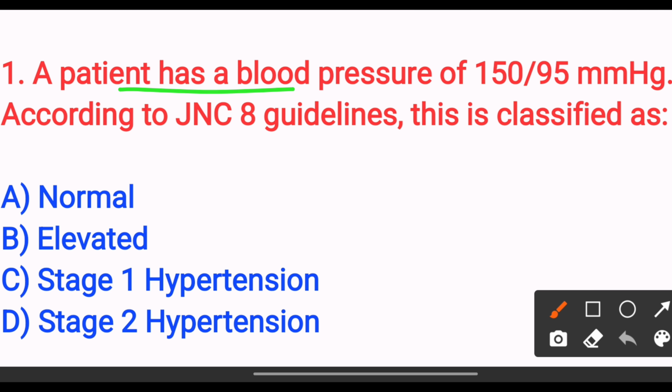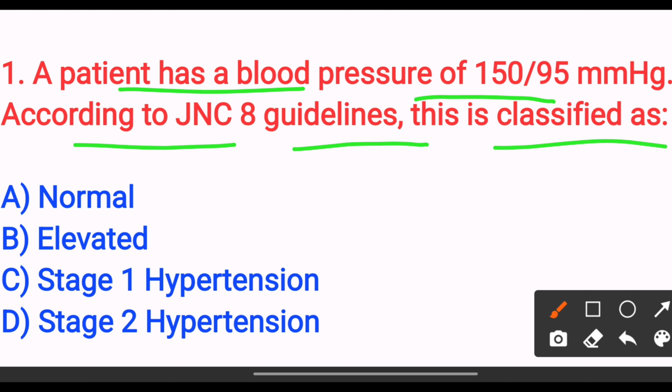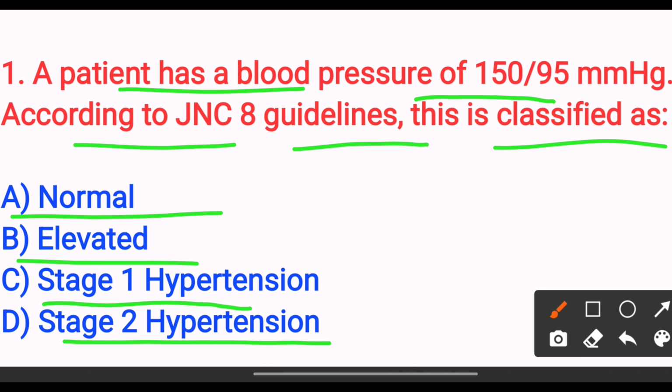A patient has blood pressure of 150 by 95 mm of Hg. According to JNC 8 guidelines, this is classified as: option A normal, option B elevated, option C stage 1 hypertension, option D stage 2 hypertension.